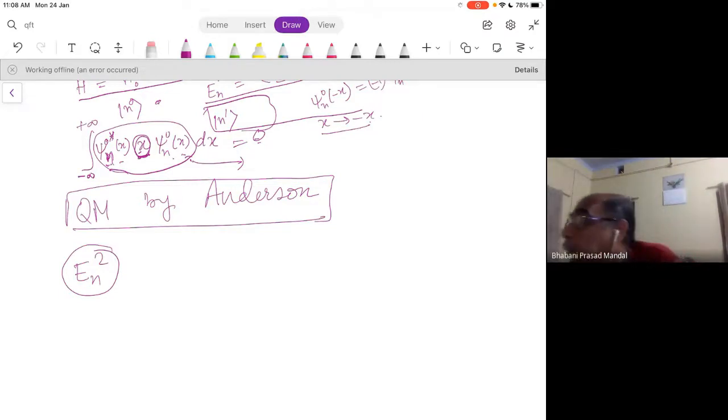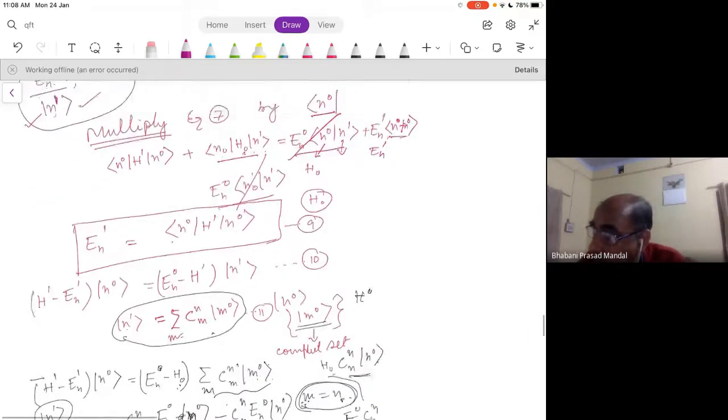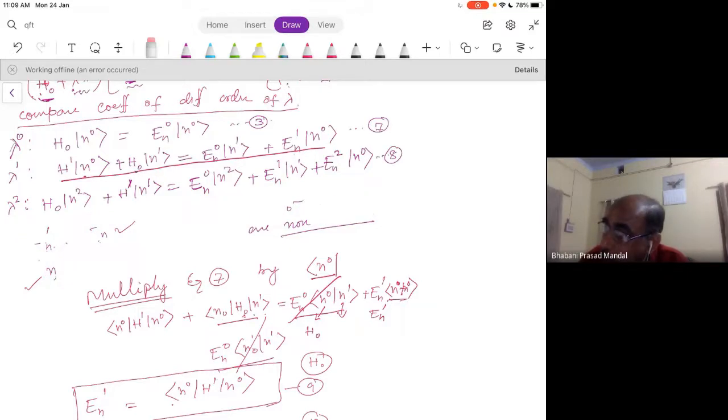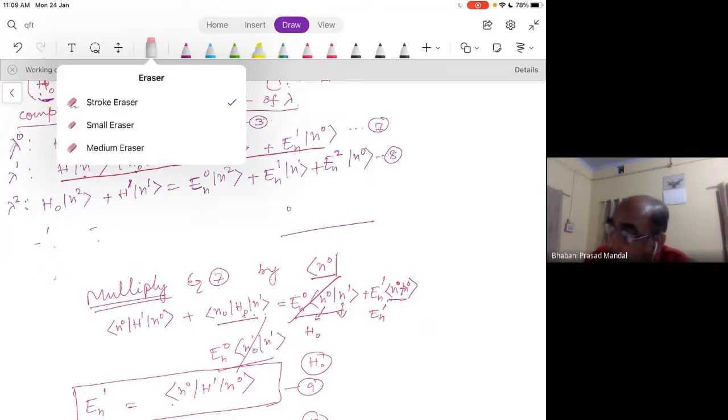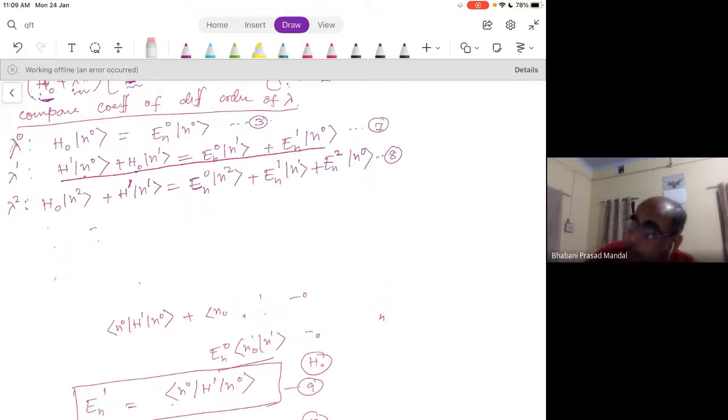Okay, so now let us take this equation, or maybe here itself I can erase and do. Let us concentrate on the lambda squared equation.